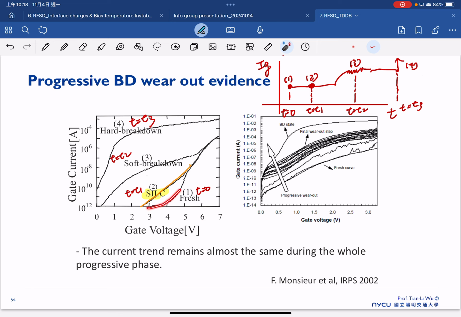Then we see the very consistent trend that the current will increase as well. So that's just to make sure that what we understand and illustrate here is consistent, no matter whether it's a time dependent characteristic or the static characteristic. We always see that the time dependent dielectric breakdown is gradually happening.